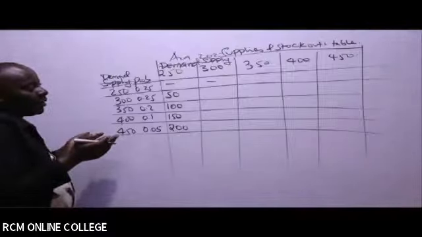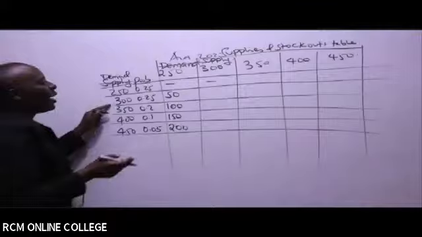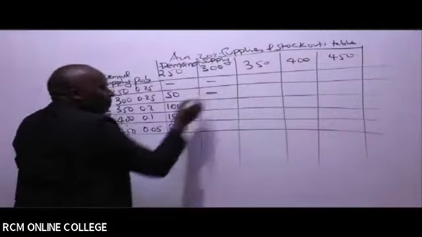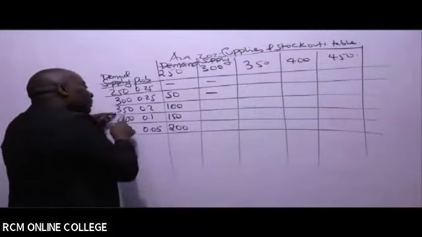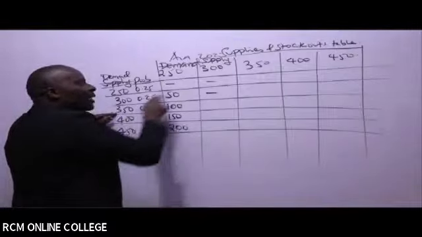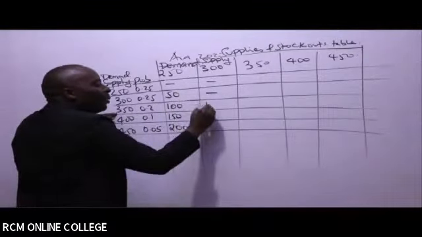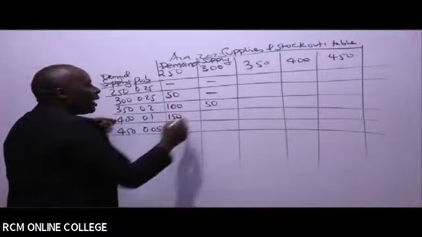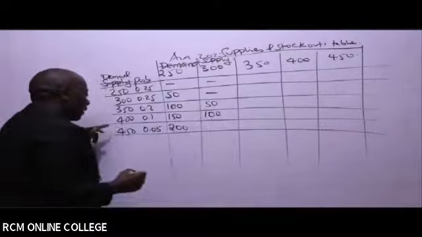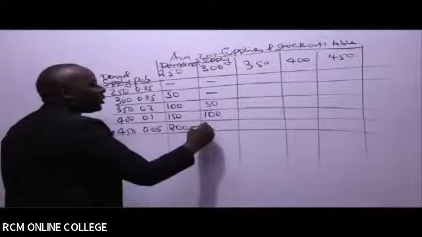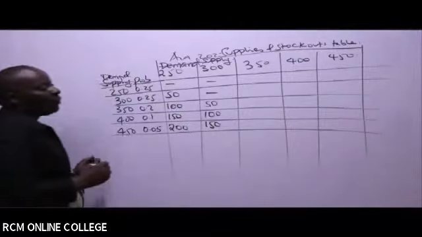So here we have 300 and 300, no disappointment. But should they come 350 and I had supplied 300, I will disappoint 50. Here I will disappoint 100. At this level of demand, I will disappoint 150.